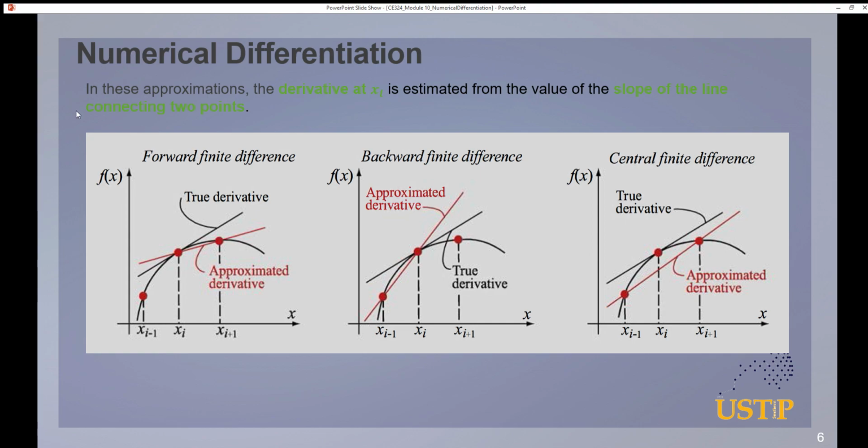The black line is the true derivative. This is the thing that we can never reach. So what we do is take the next best thing and deal with what we have.